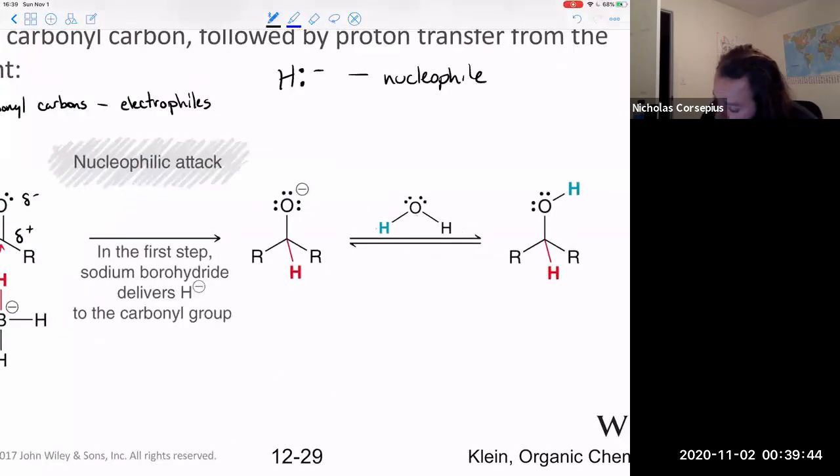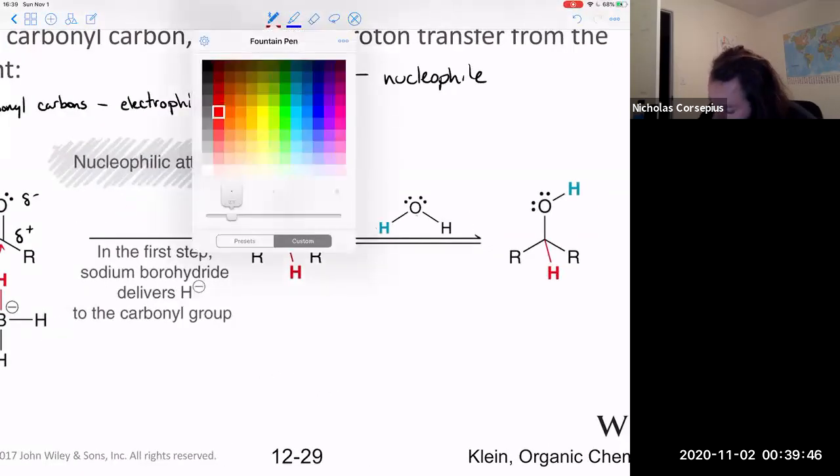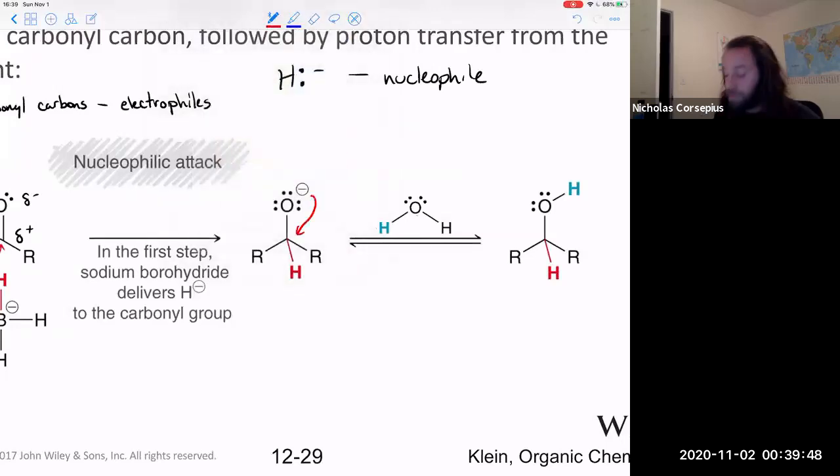Now this pair of electrons would love to come back down. But again, it can't do that because that means that carbon would have more than 4 bonds. Maybe it could if it could kick off one of these groups here, but if it's a ketone or an aldehyde, basically if this R is a carbon or a hydrogen, they're not good leaving groups. They're in fact super terrible leaving groups. So it's kind of stuck here.